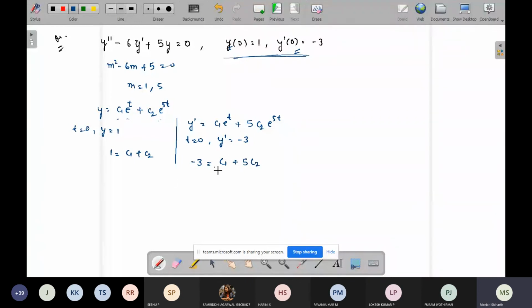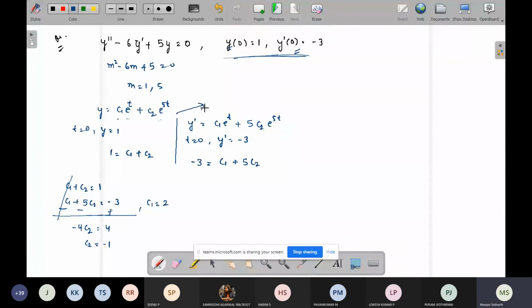So how to solve? c1 plus c2 is equal to 1 and c1 plus 5 c2 is equal to minus 3. Subtract them, so c1 will be cancelled. You will get minus 4 c2 equals 4, so c2 is equal to minus 1, and c1 is equal to 2.